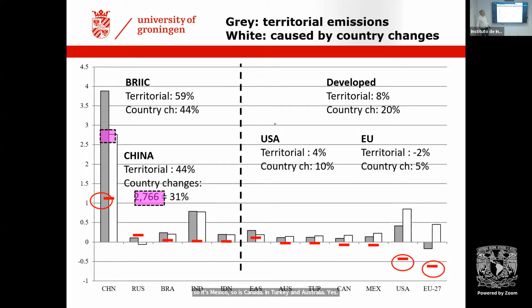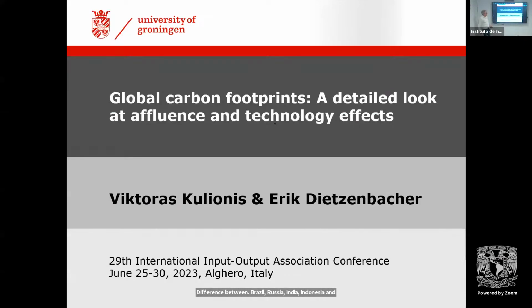Here is the difference between Brazil, Russia, India, Indonesia, and China, rich countries, and developed. This is not a follow-up, but a similar decomposition analysis that I did with Victoria, and the paper is under revise and resubmit.